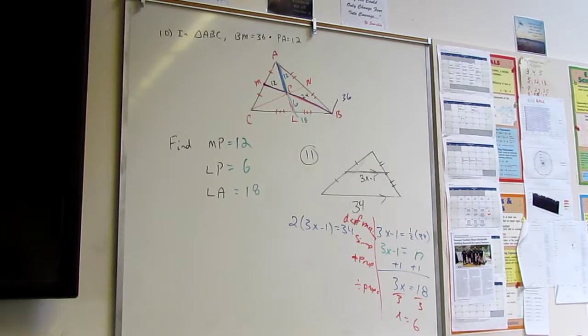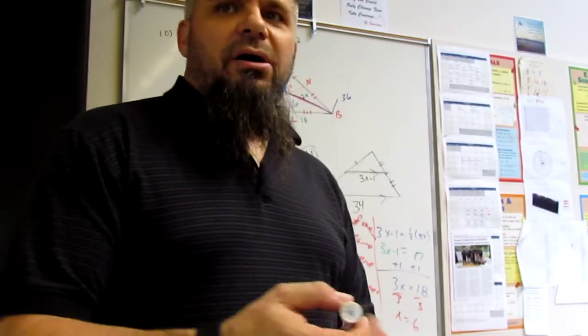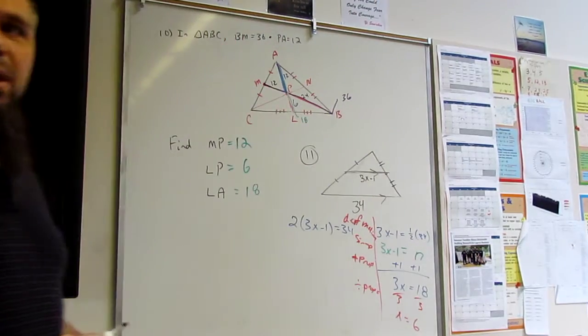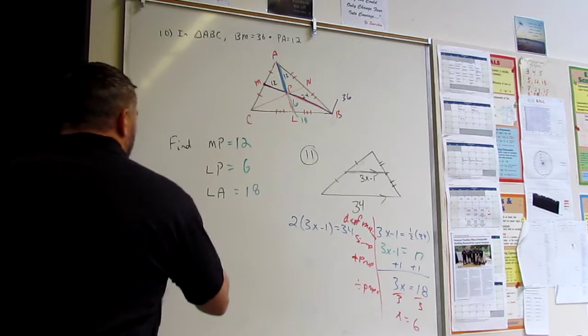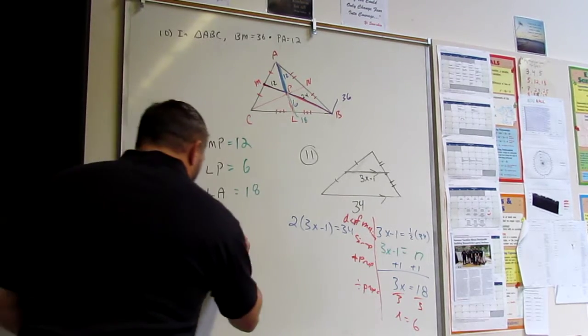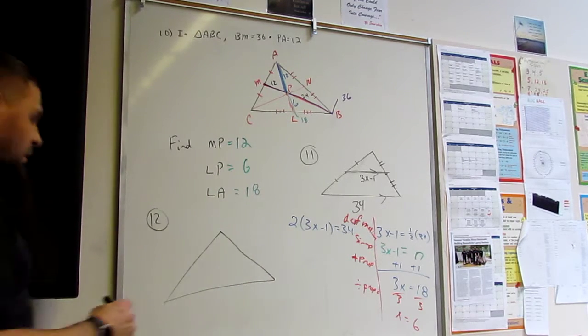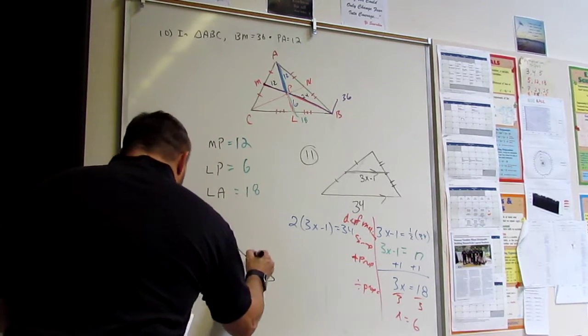Good. Alright, we might as well finish this up and just talk about 12 and end this day before I go crazy. Because this is a really easy problem, problem number 12. Problem number 12 has the same problem. In fact, it's the same triangle. And what it does is it cuts this in half.